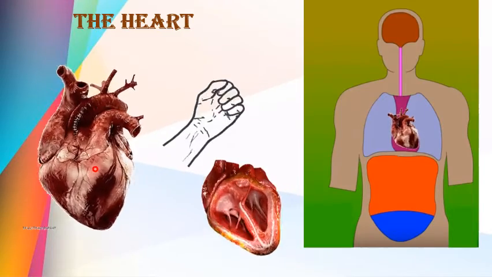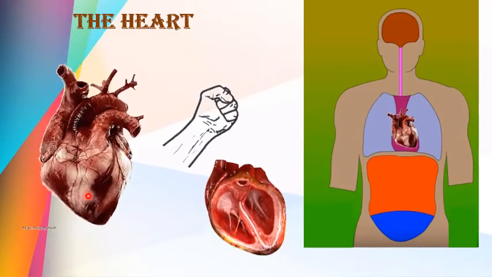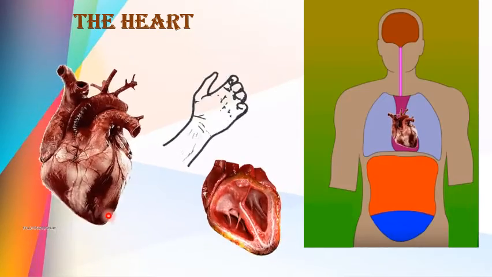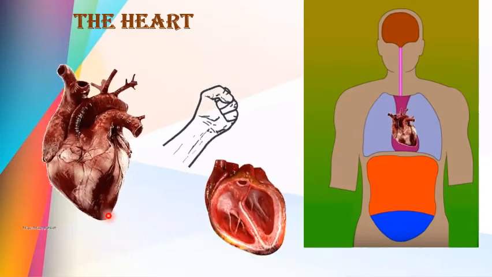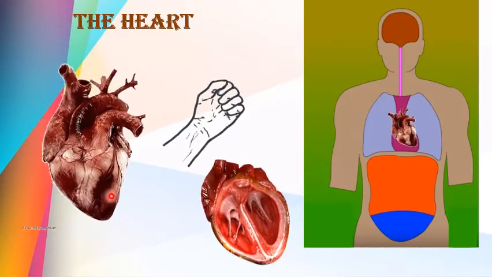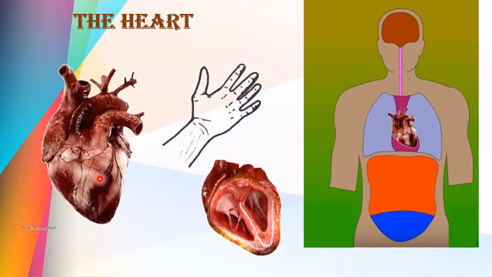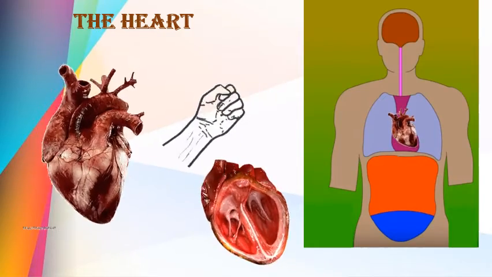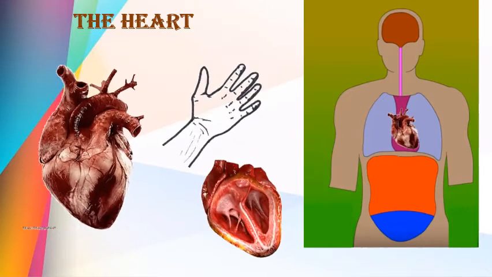Contracts means when it becomes smaller, that is called contraction of the heart, and when it comes to the original position, that means it relaxes. Got this? It contracts and relaxes. Because of this, the blood gushes out. We will see that with the help of one experiment. Okay?